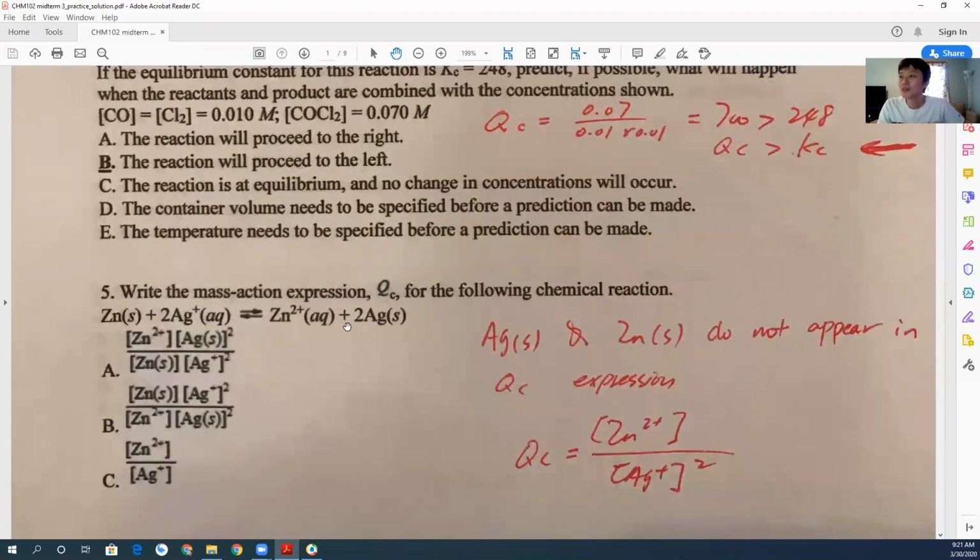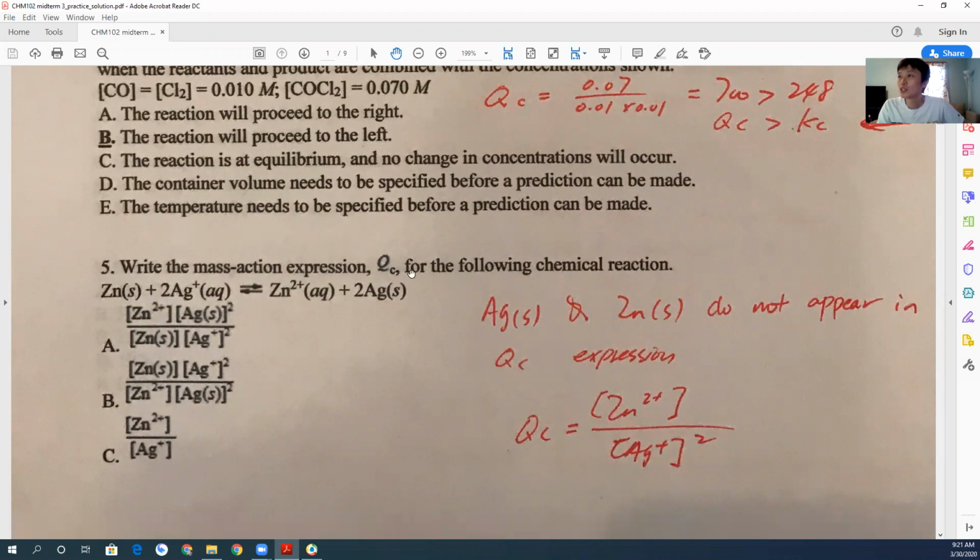So number 5 is a test on the expression for Qc. We highlighted that when your reaction involves solids or pure liquids, those substances do not appear in the Qc expression.